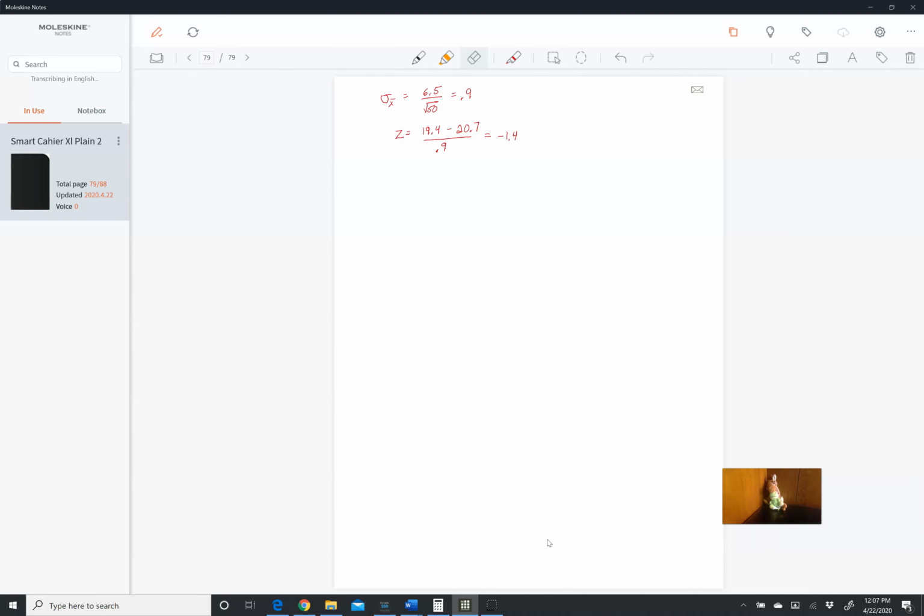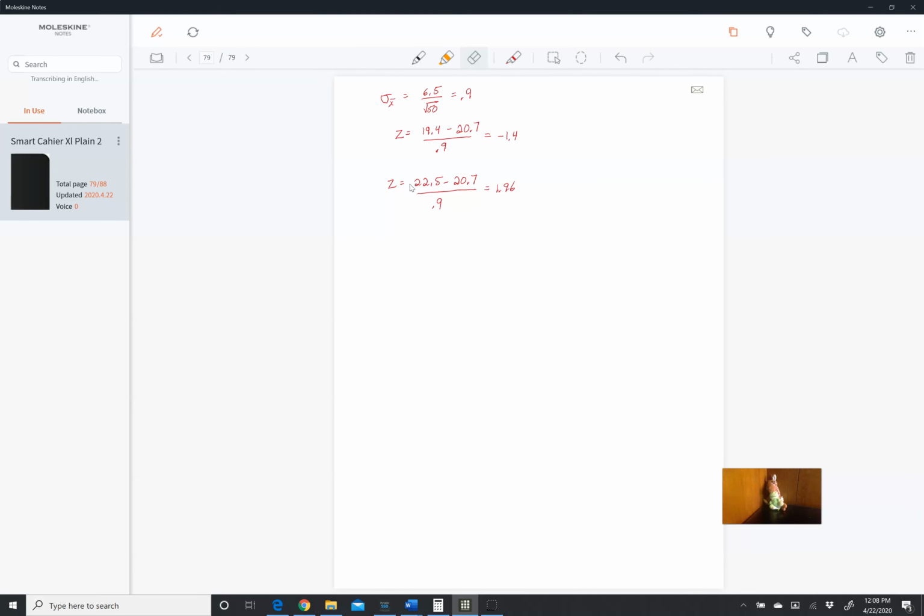Now we're going to do exactly the same thing for 22.5. We're using x bar, but it's x bar minus mu. Our x bar is 22.5. The only reason we call it x bar is because we're saying that the average number of miles traveled is between these numbers. This is equal to 1.96.